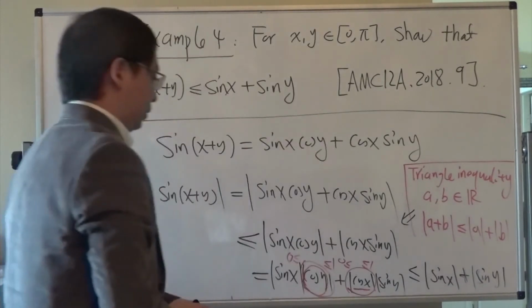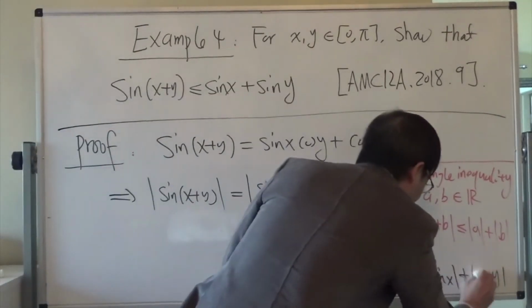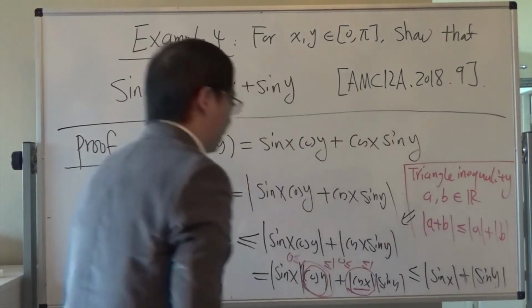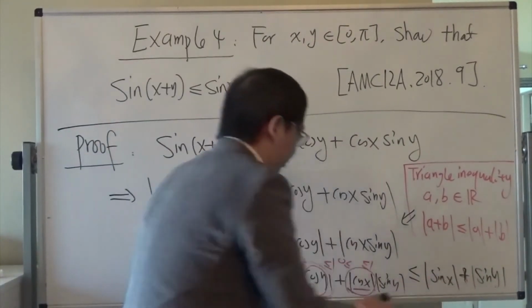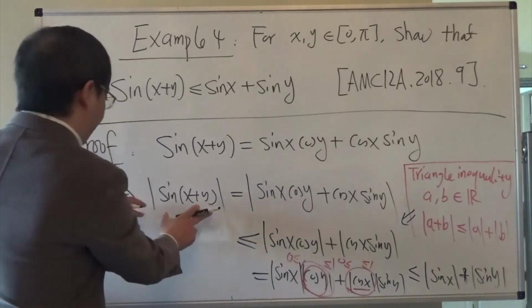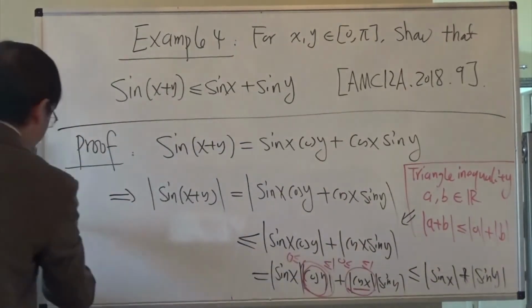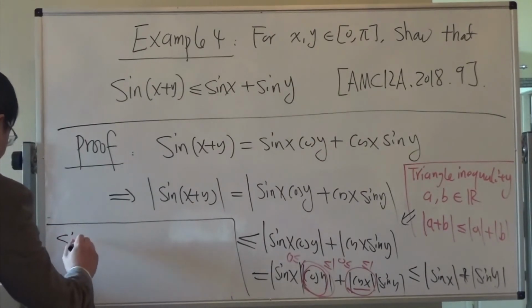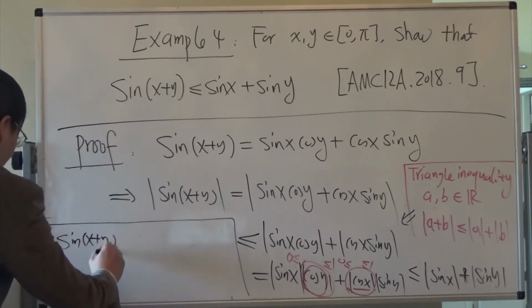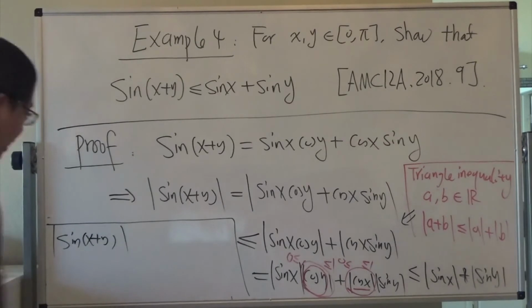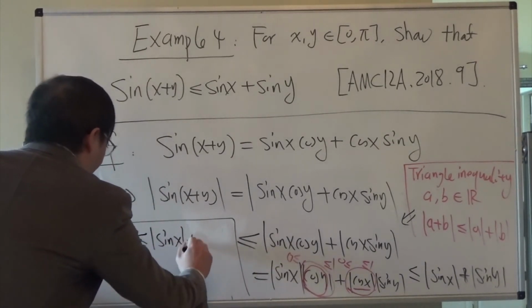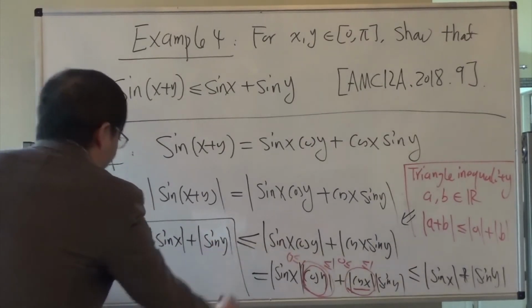If we combine, as a summary, what we derived here is that the absolute value of sine of x plus y is always less than or equal to the absolute value of sine x plus the absolute value of sine y.